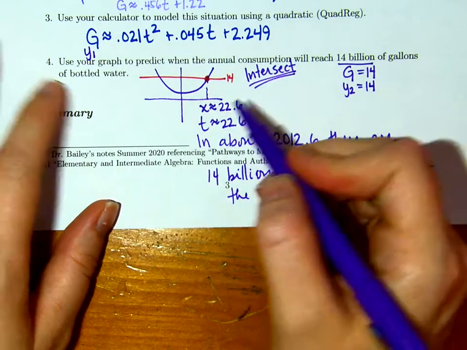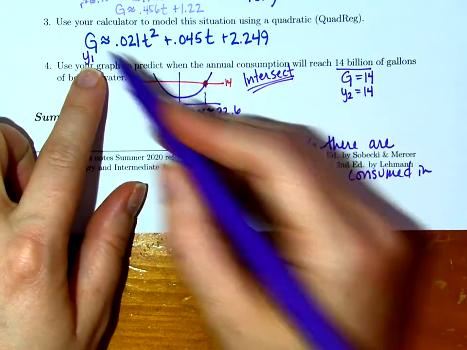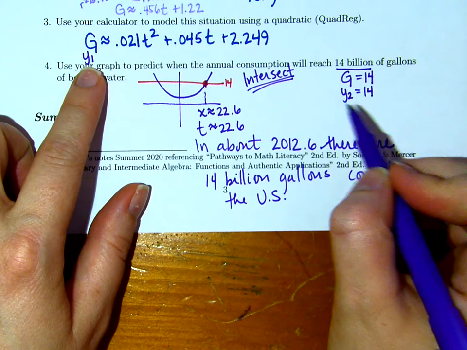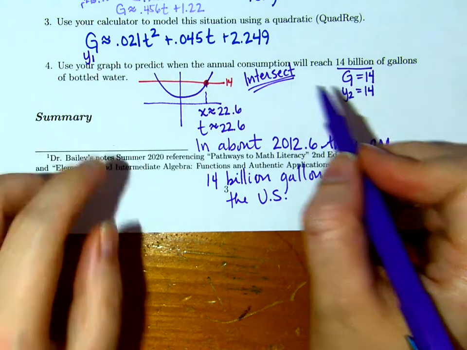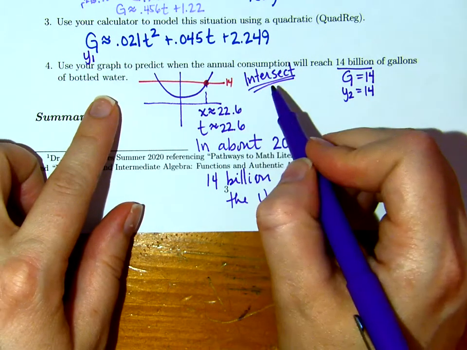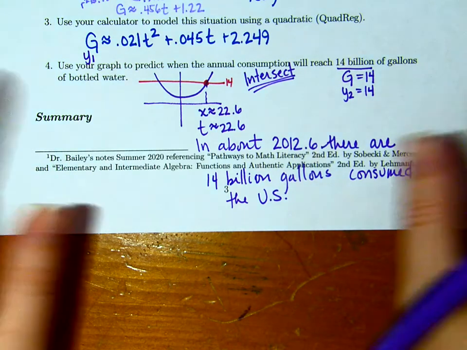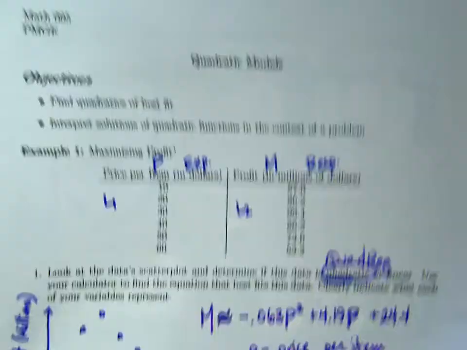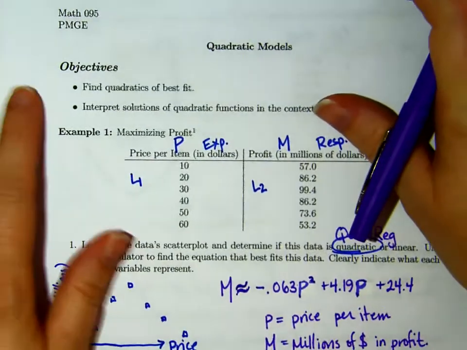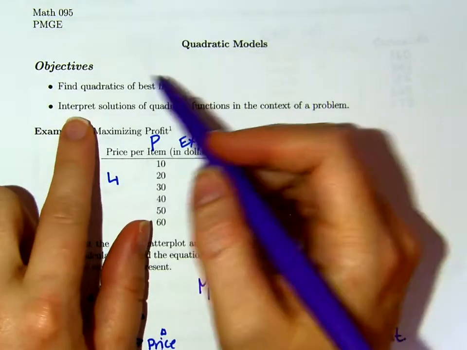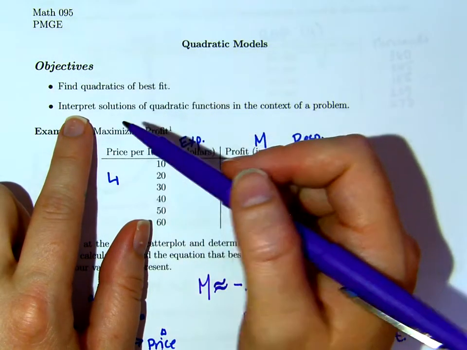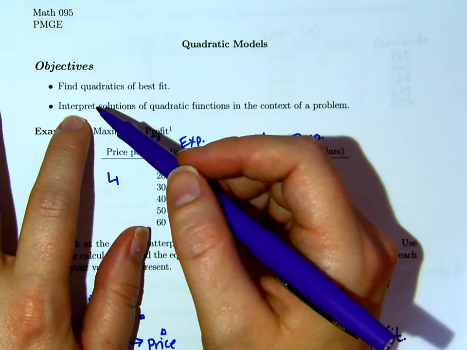Whereas here, we put our model into y1, we put what we're hoping for, the value, into y2, and then we do second calculate intersect. Either way, it's good, and you need to be flexible in your understanding, and know that your calculator actually does a lot of computations behind it.